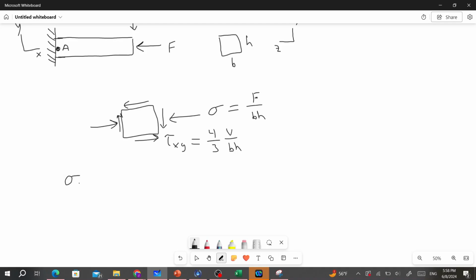We know that equation to be the two in-plane principal stresses: sigma x plus sigma y over 2, plus or minus the square root of sigma x minus sigma y divided by 2, this quantity squared, plus tau xy squared.